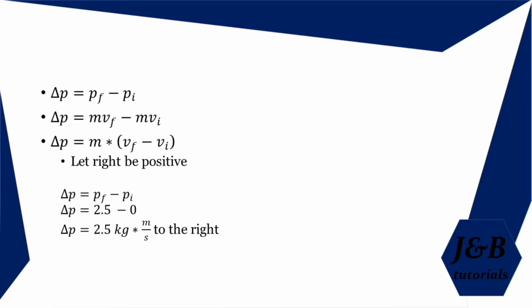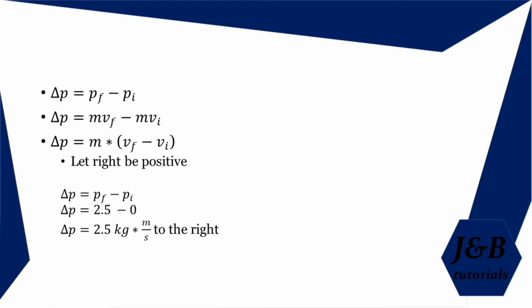And P_i is equal to m v_i, right? We can see that the mass is common in both, and as a result we can express change in momentum as m times open bracket v_f minus v_i close bracket. This is how you can express the change in momentum of an object.